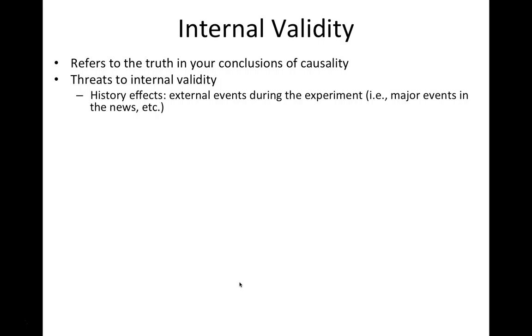There are a variety of threats to internal validity, our ability to make these causal claims. Some of them may be history effects, things that happened during the course of the experiment, some major events in the news, medical breakthroughs. This is something that we're seeing now in the last 5 or 6 years for people who were in HIV prevention trials. PrEP, or pre-exposure prophylaxis, was FDA approved in summer 2012.